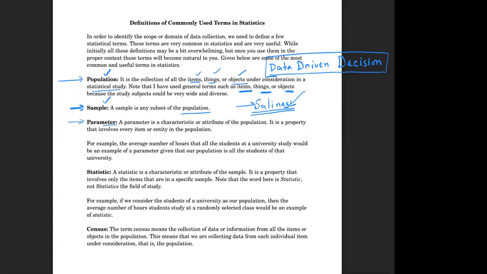That means you are describing some characteristic or some attribute or some property of the entire population, everything that you are considering to study, in this case, the city of Salinas, or it could be our lovely city of San Francisco or San Jose, it doesn't matter. So that's a parameter. And a statistic would be a characteristic of a sample.